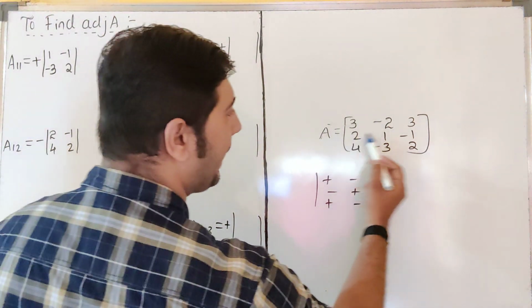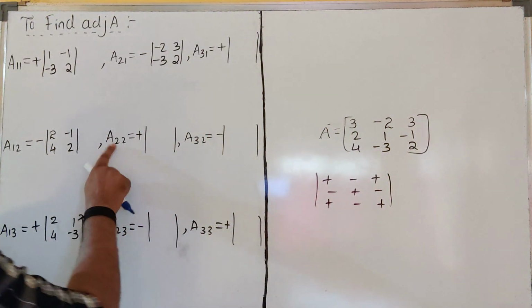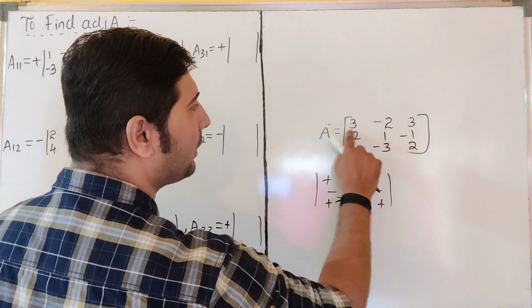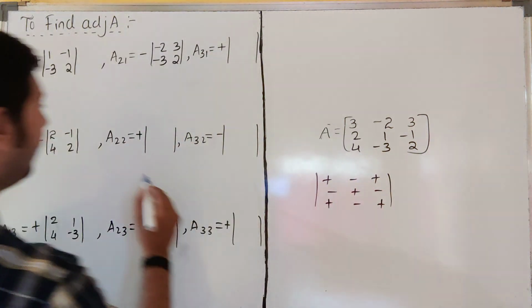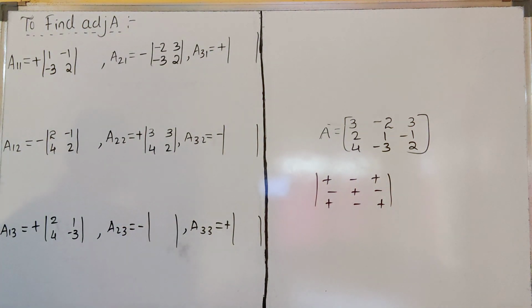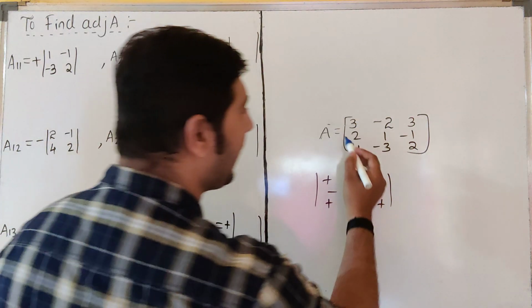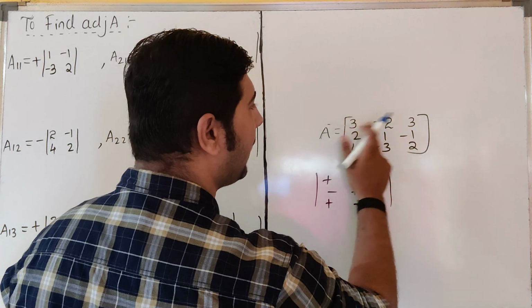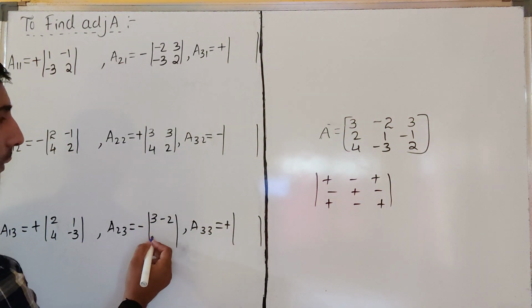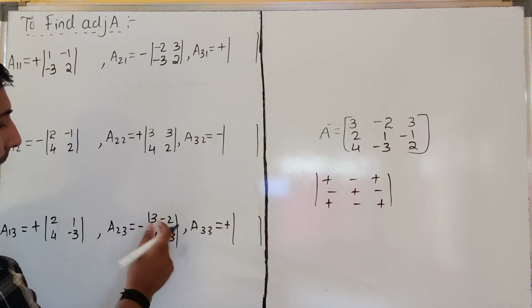Now, second row, second column you leave. You get 3, 3, 4, 2, dear students. Next up, second row, third column you leave: 3 minus 2, 4 minus 3.